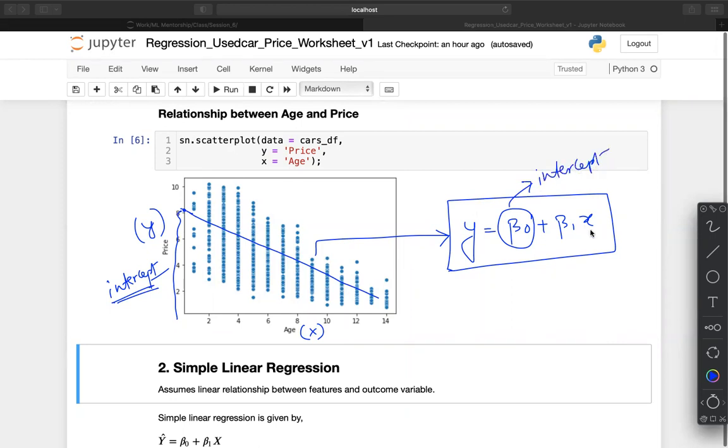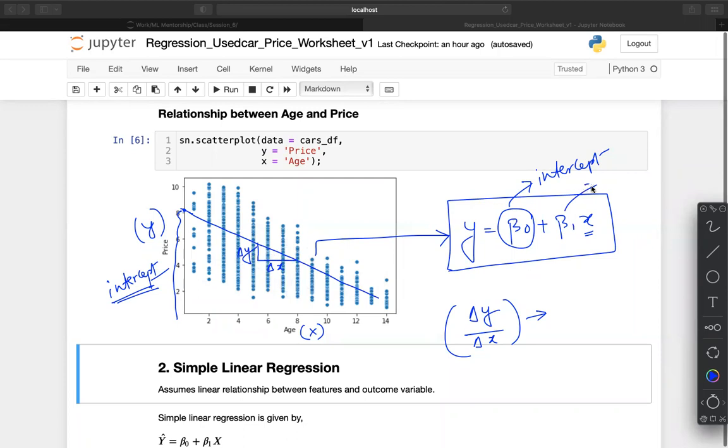And as the value of x increases now to 1, 2, 3, and 4, how much does the y value change? That's basically the change in y with respect to the unit change in x value. So that's nothing but my slope or the coefficient. So how much the y changes with respect to the x value.